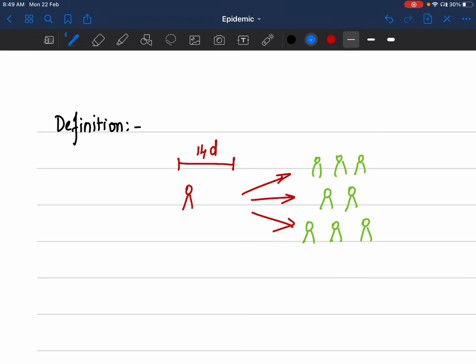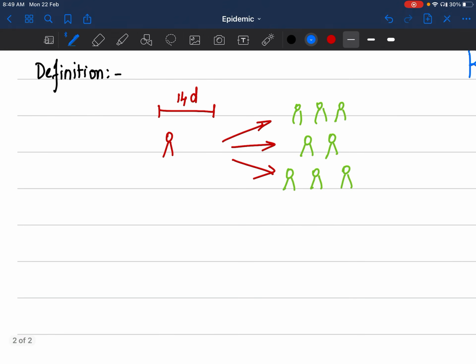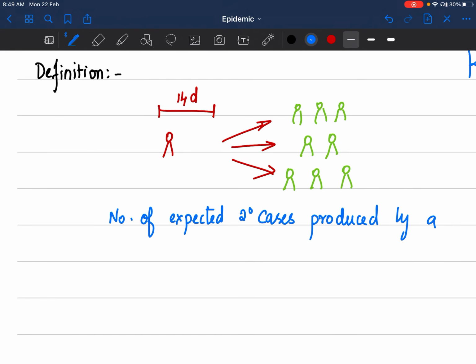So if you have to put it in writing, how are you going to write? You are going to state basic reproduction number is the number of expected secondary cases produced by a typical infected individual. All wordings are important.